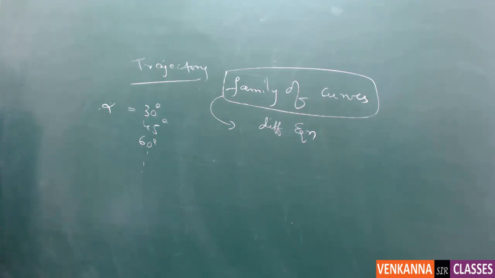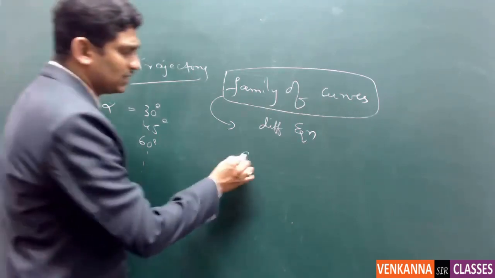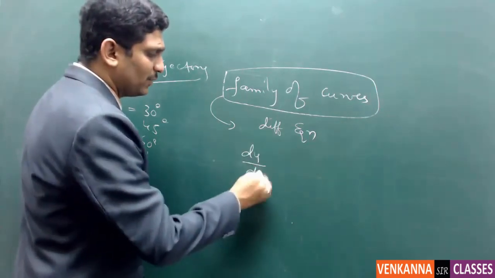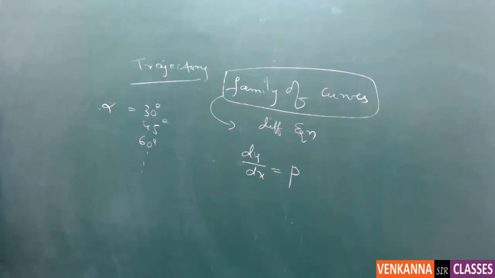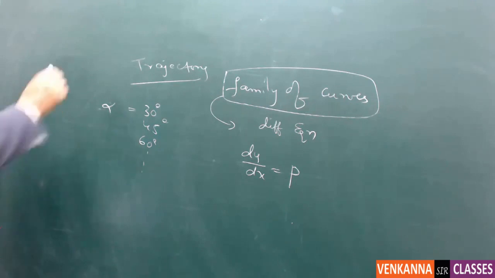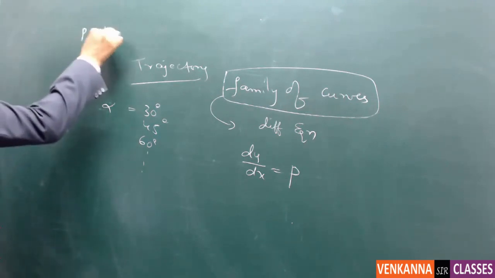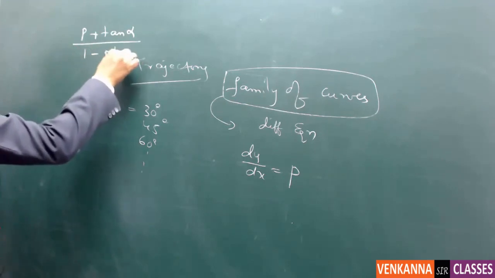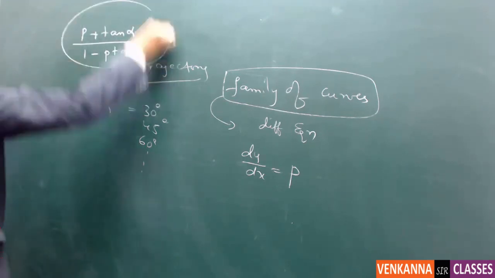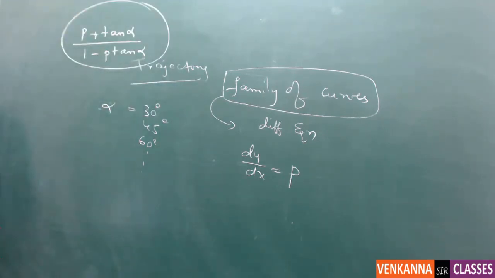Okay. So here if you denote that dy by dx is equal to p, the differential. So in order to determine the trajectory, as we are going to replace that, so we are going to replace it as please take a note of this formula.